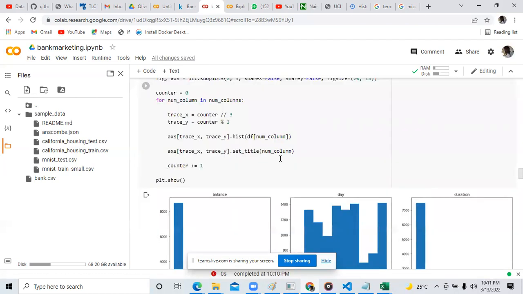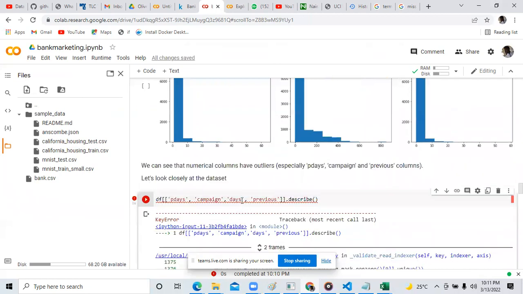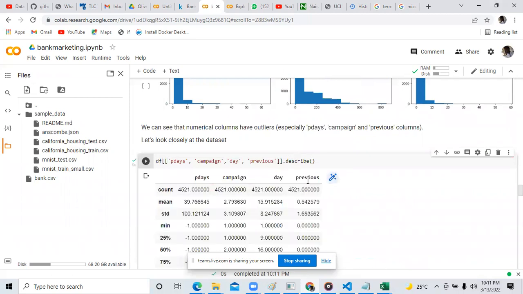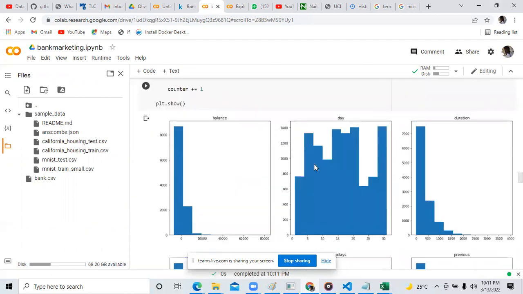Oh, it's D, sorry. Look at D. The mean is 15 and the standard deviation is 8. That's why D looks balanced. So I could tell that I would not have a problem with the mean and standard deviation here. I'm very sure of this.